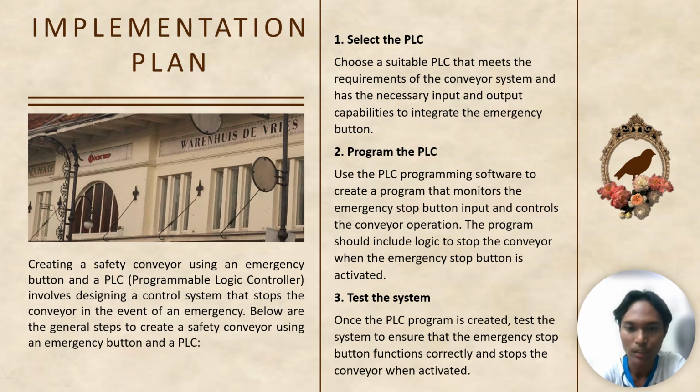The program should include logic to stop the conveyor when the emergency stop button is activated. Lastly, test the system. Once the PLC program is created, test the system to ensure that the emergency stop button functions correctly and stops the conveyor when activated.